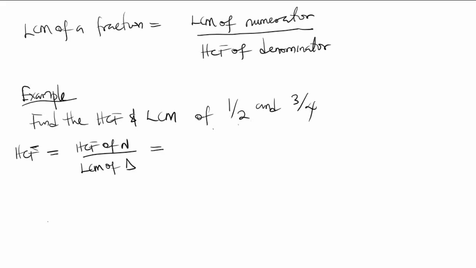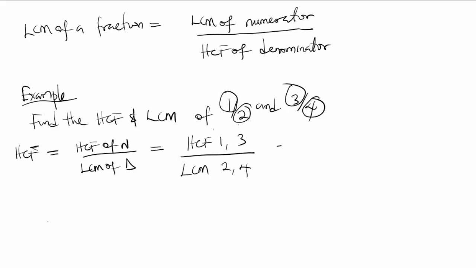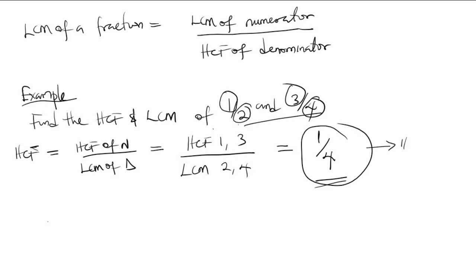In this case, that is the HCF of 1 and 3, divided by the LCM of 2 and 4. HCF of 1 and 3 is 1, and the LCM of 2 and 4 is 4. So the HCF of these two fractions becomes 1/4.